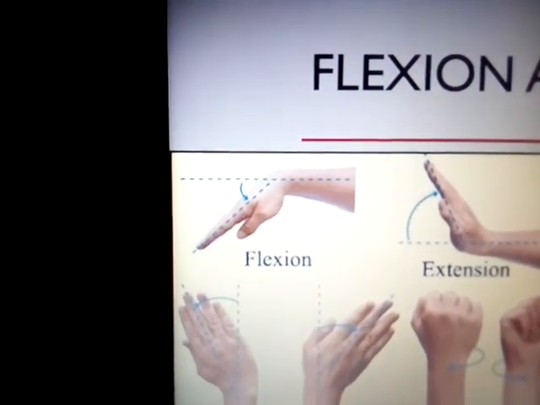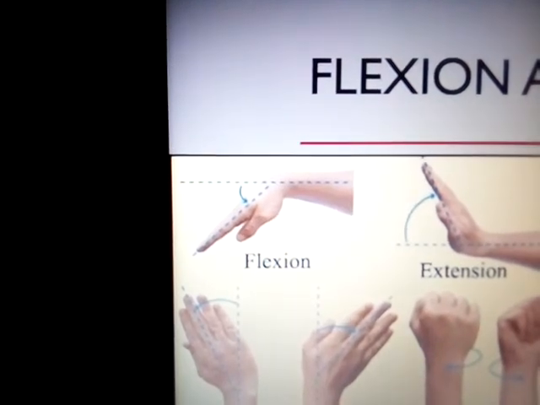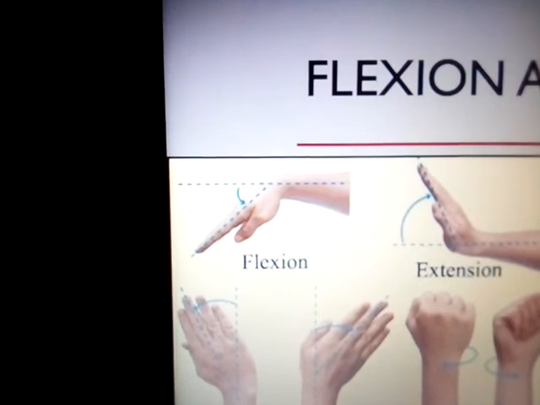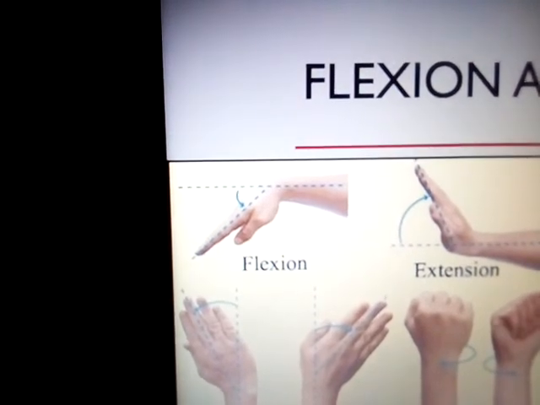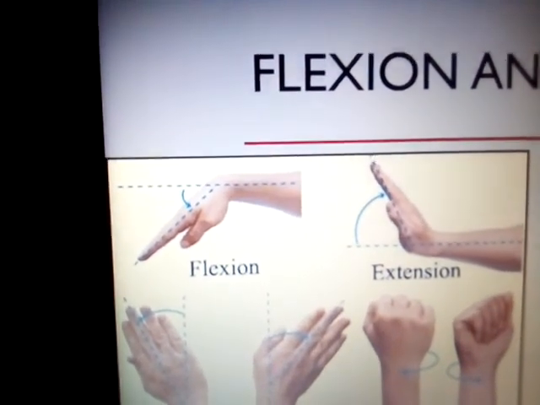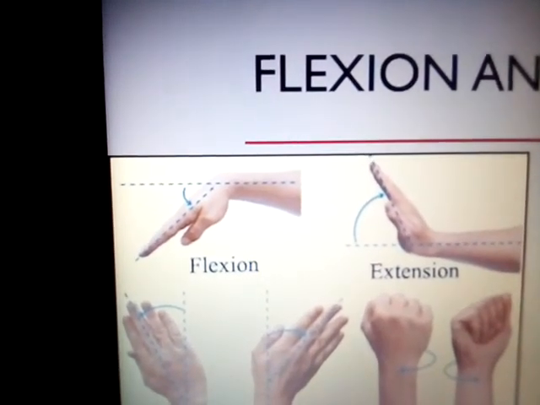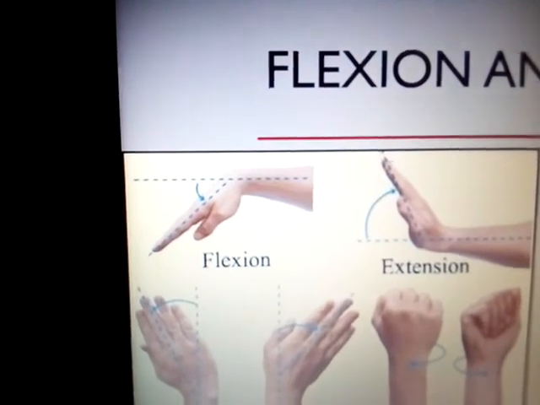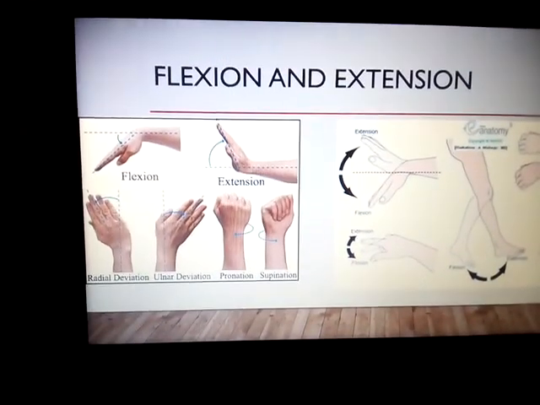The first diagram is of flexion, where we are just bending the wrist and the angle is basically decreasing. So this is a flexion. And extension, here the angle is increasing, so that is an extension. I hope it's very clear to you all. Now let's move into the next slide.